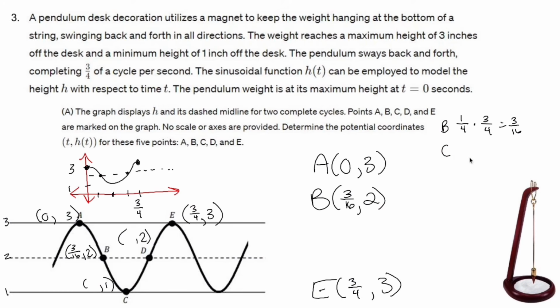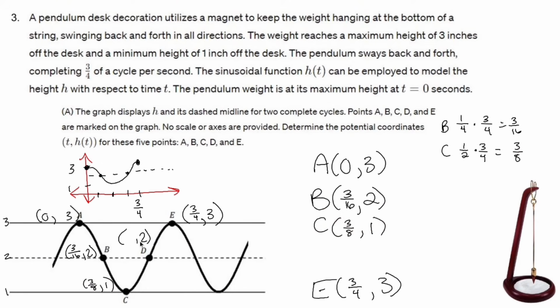So C's t value is going to be half of 3/4. Okay, 1 times 3 is 3, 2 times 4 is 8. So I've got 3/8, 1. So C is going to be 3/8, 1.